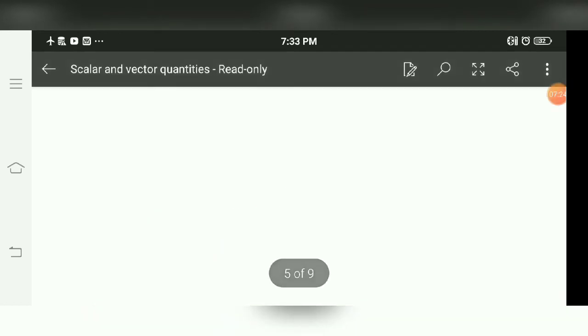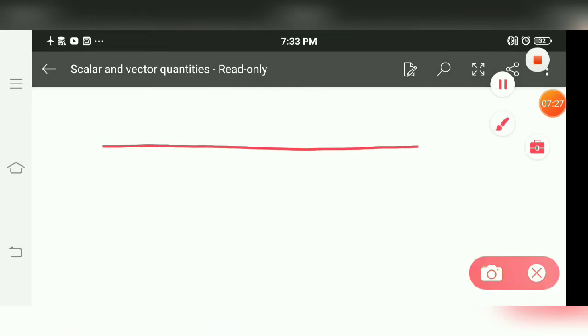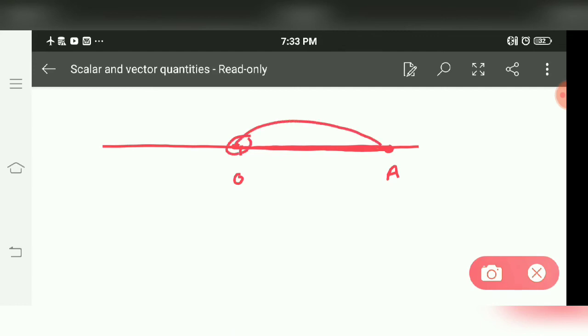Now second example. Suppose again origin, a body first moves from O to A, then back from A to O. Now distance covered is path 1 plus path 2.